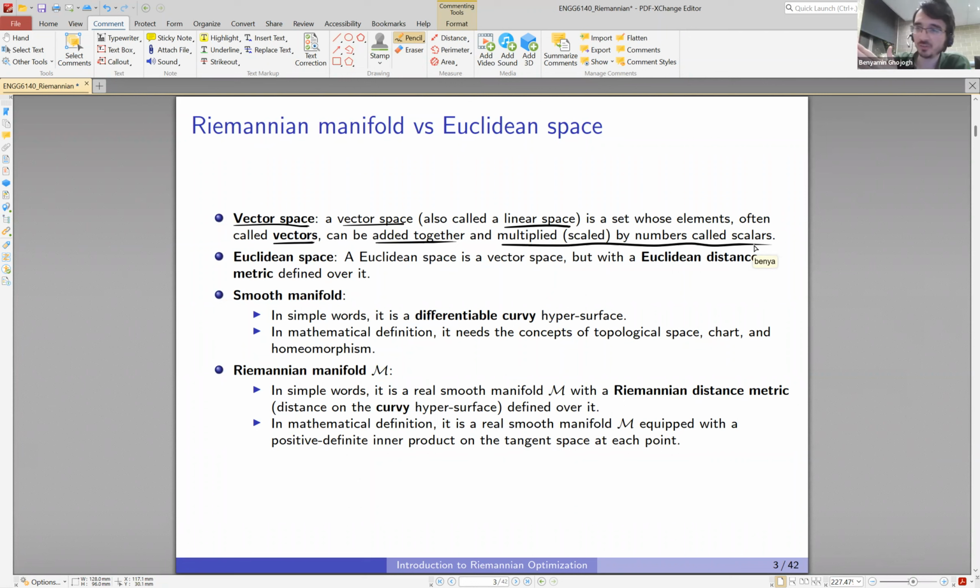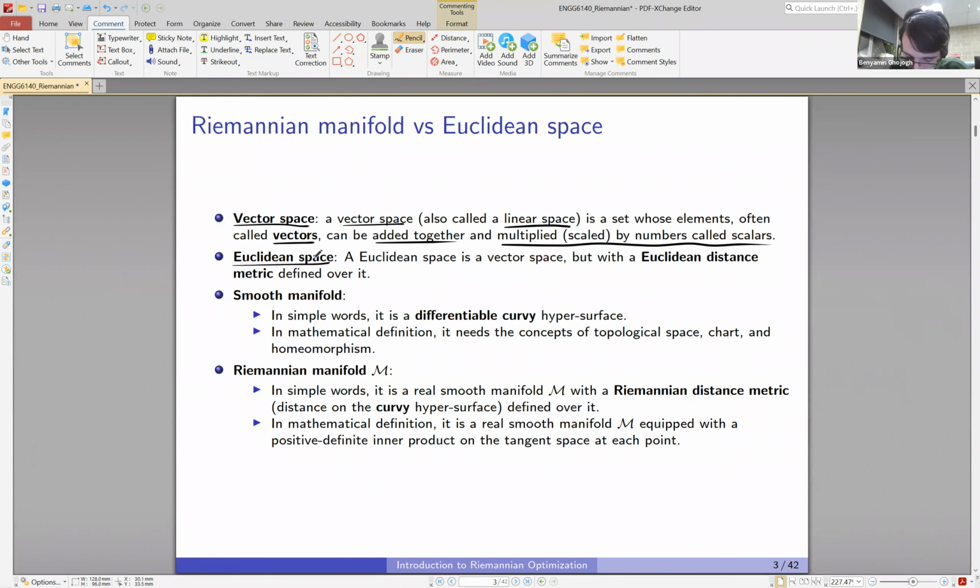So we can have addition of linear combination of vectors in this space. This is called a vector space. Of course, a vector space contains the origin. Why? Because a vector minus itself is the zero vector, which is the origin, and it needs to be in this space. Okay.